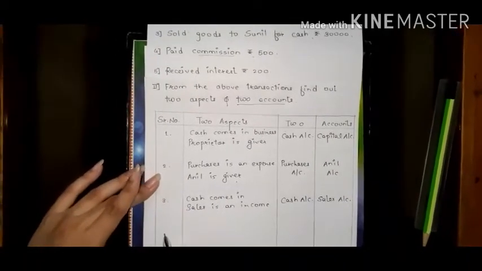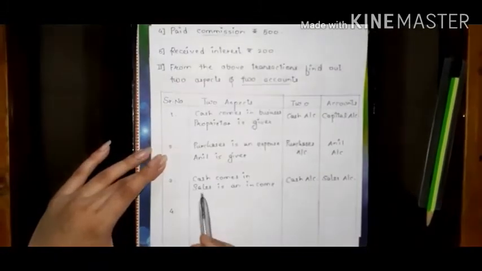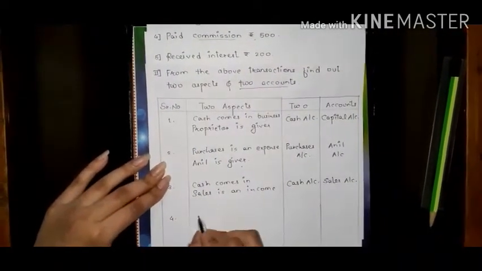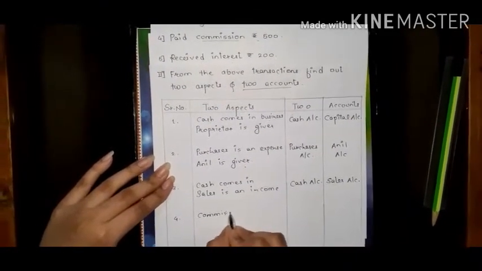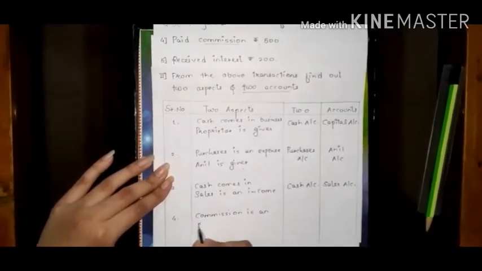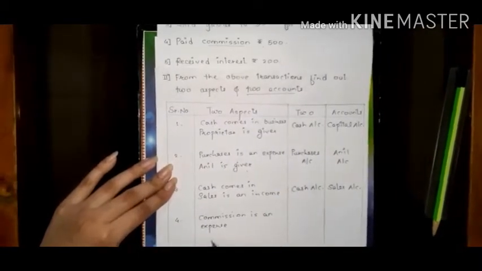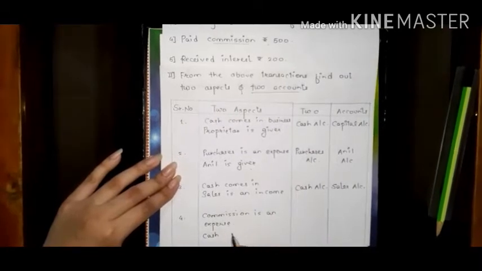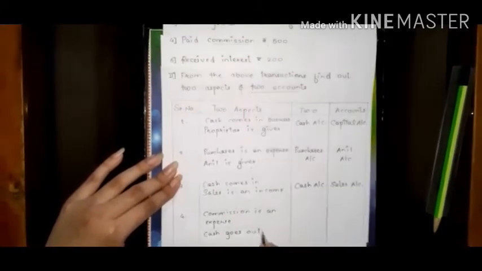Okay. Now let's take the fourth transaction. Paid commission rupees 500. Now we have paid commission. The first aspect is commission is an expense. And the second aspect is cash goes out, as we have paid it in the form of cash. So cash goes out. Okay.